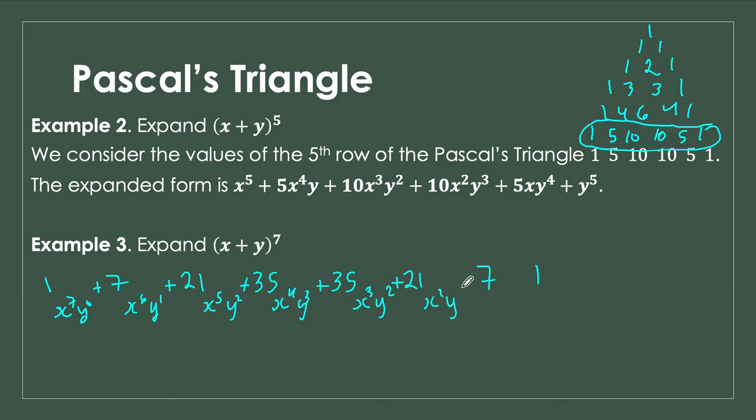Sorry, this should be y to the 4th. My bad. x cubed y to the 4th. So this should be x squared y to the 5th plus x raised to 1 y raised to 6 plus x raised to 0 y raised to 7.